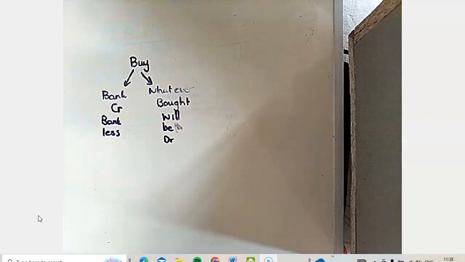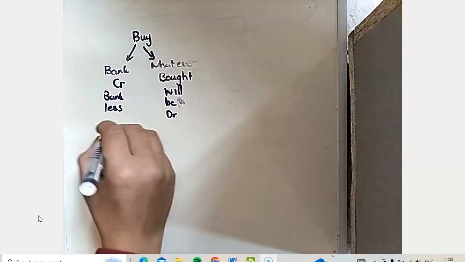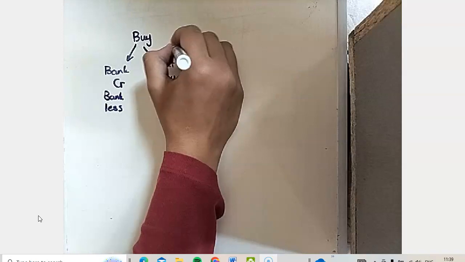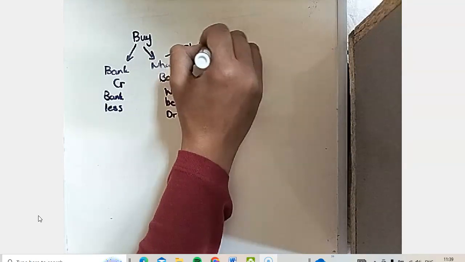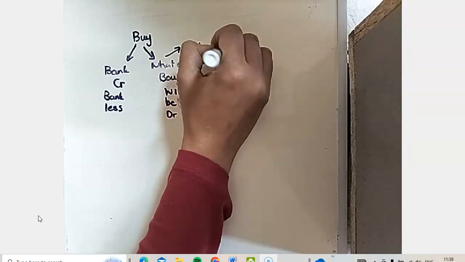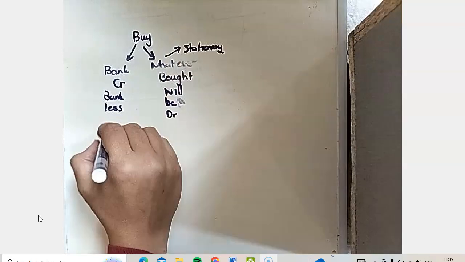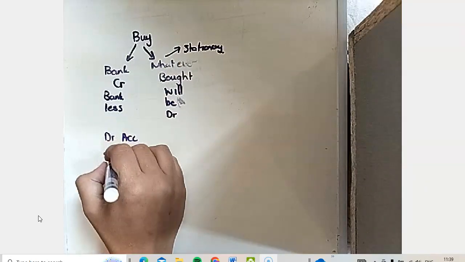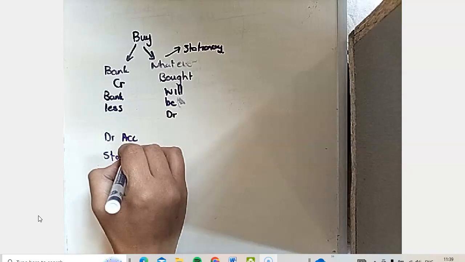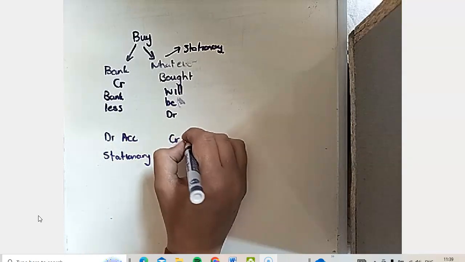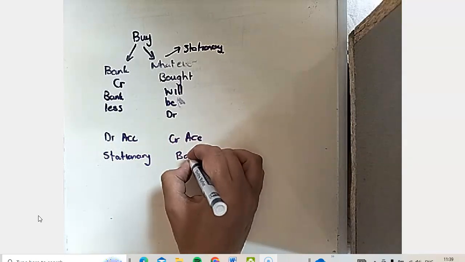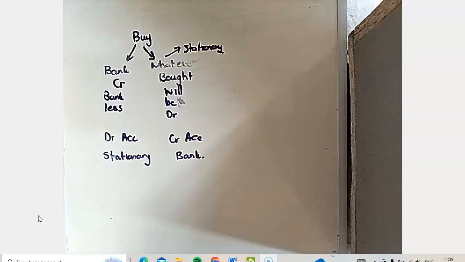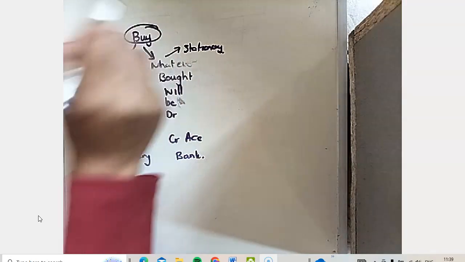So your accounting equation will be whatever it was bought. Say for example you bought stationery. Then the debit account will be stationery, and the credit account will be bank. Okay. So that's when you buy.